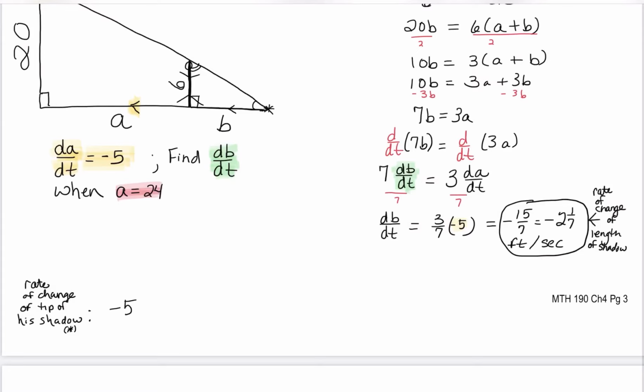So even if the shadow length stayed the same for some reason, it would still be moving as he's moving towards the light. But also the length of his shadow is actually changing. So both of those adding up, these two rates, gives us that the rate of change of the tip of his shadow is -7 1/7 feet per second.